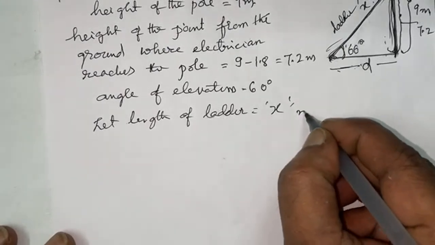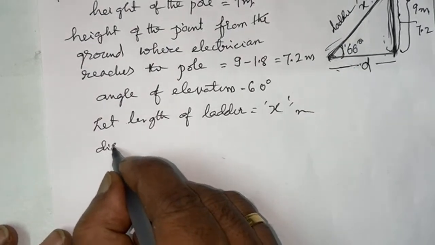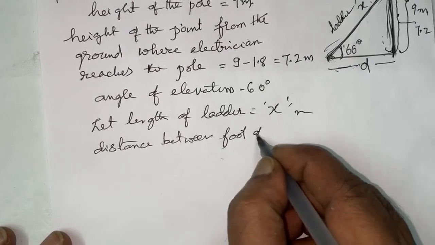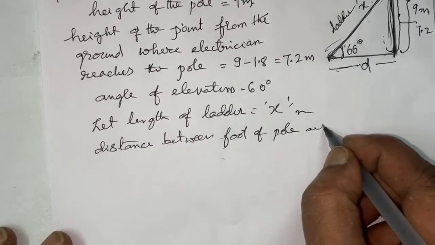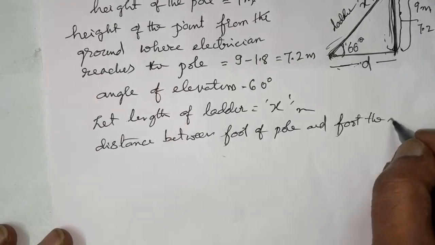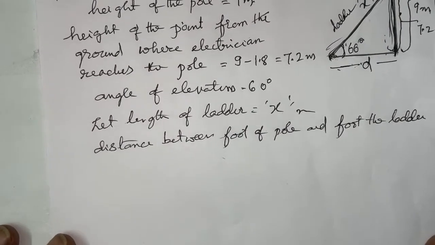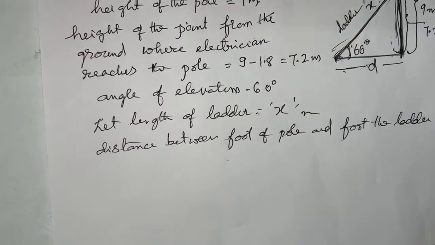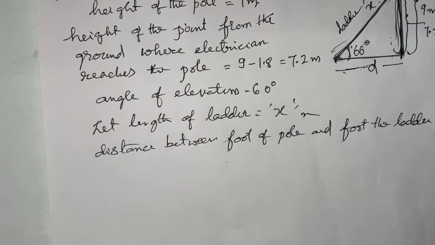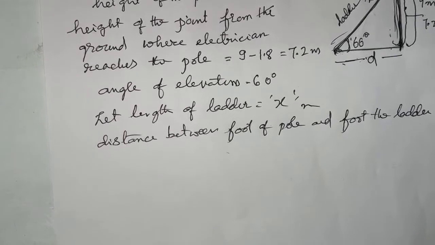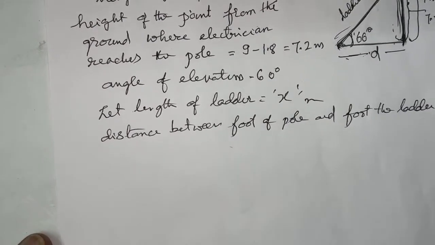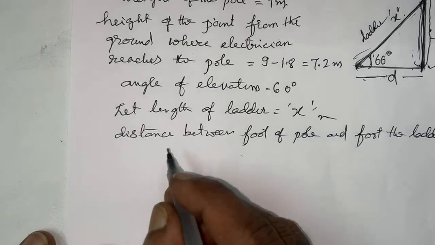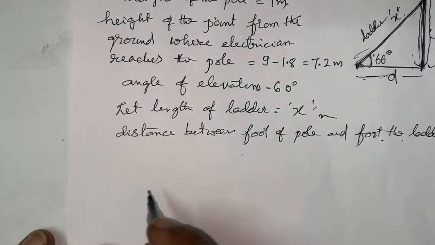Then next, the distance between the foot of the pole and the foot of the ladder, we are taking as d.